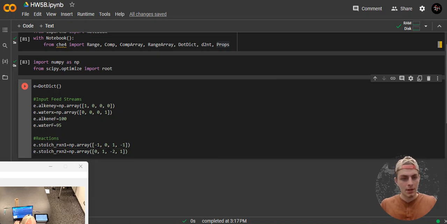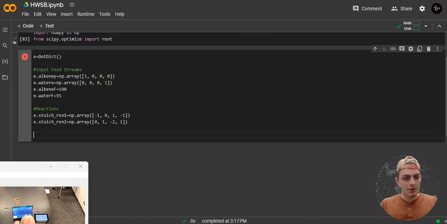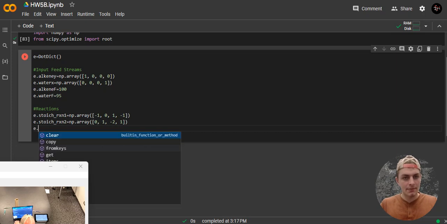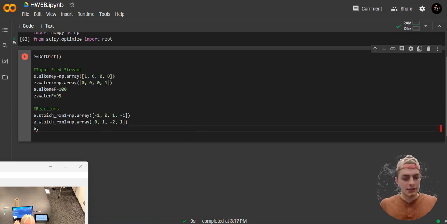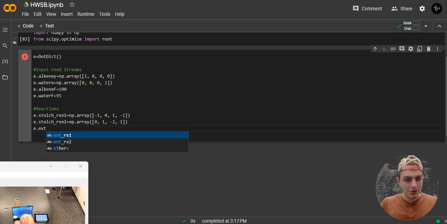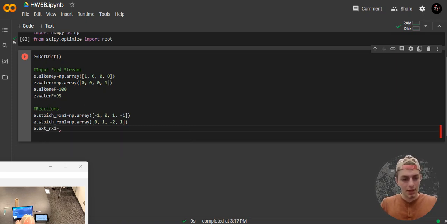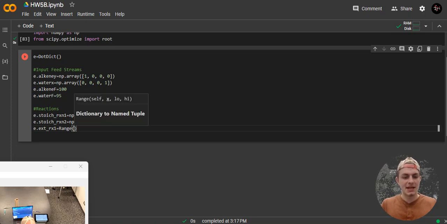Okay. And now, let's put in the extents. We can call it E dot extent of reaction 1. That works. And we'll make that a range variable because it is an unknown. For this range variable, we're required to provide an initial guess and then a low and a high of our range. Now the initial guess is not particularly important, so in this case I am just going to put in 100.